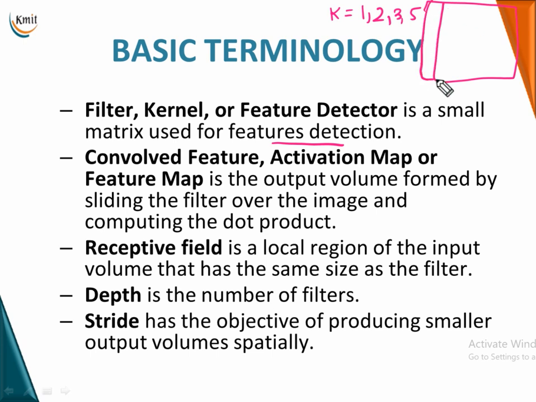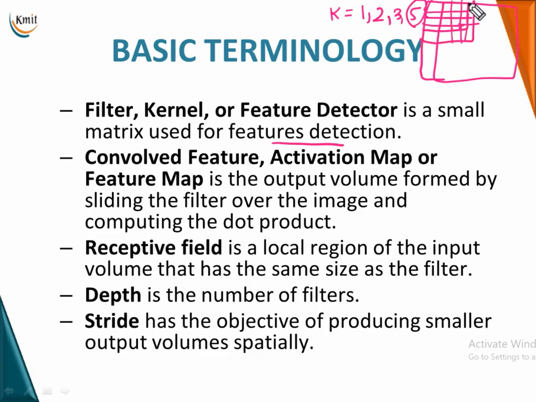We prefer to take small values, and then you project this onto your bigger image. Suppose here I have taken 1 2 3 4 5, 1 2 3 4, yeah, so I have here taken a 5 by 5 kernel.